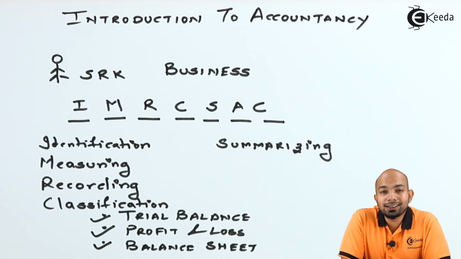If you're dealing with sale transactions, you record all those sale transactions together. If you're dealing with any kind of expenses, you record all those expenses together. When you classify all these transactions together, that's when you call it summarizing. So the next step which we have learned right now is summarizing of accounting transactions.